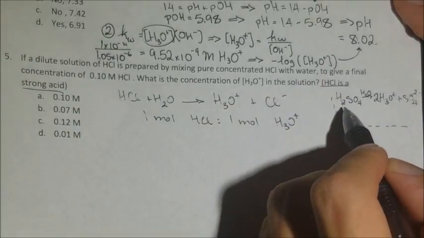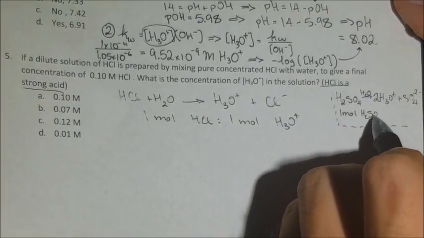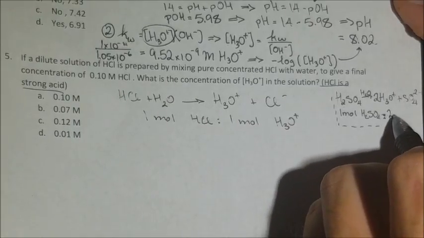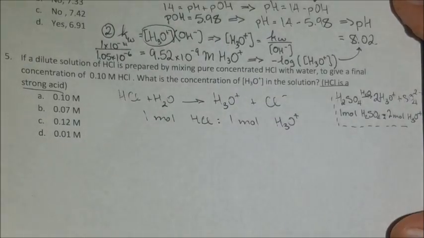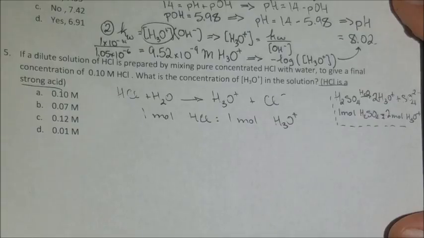So now in this situation, 1 mole of H2SO4 is going to produce 2 moles of H3O+. Okay? So just be mindful of how many protons are coming off of the strong acid. And that will tell you the mole-to-mole ratio, just in case it's not a monoprotic acid like HCl is.